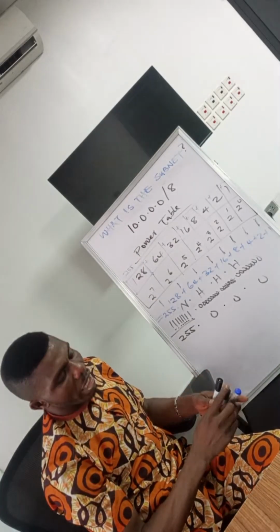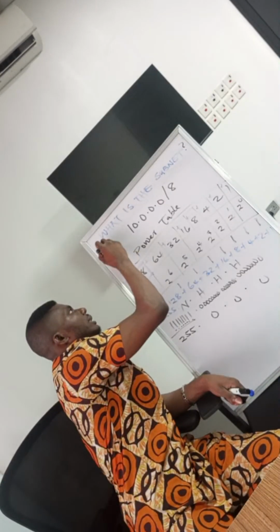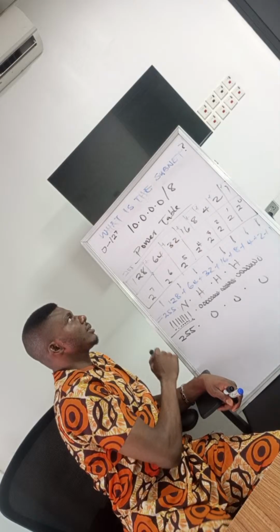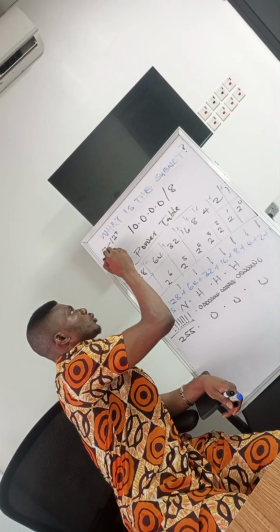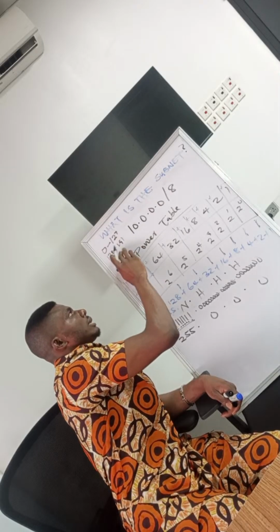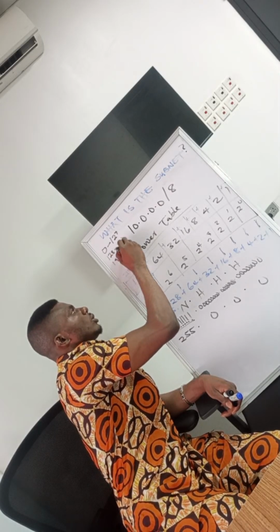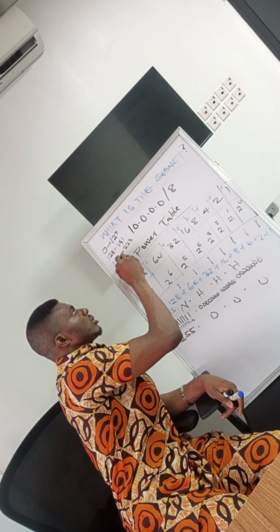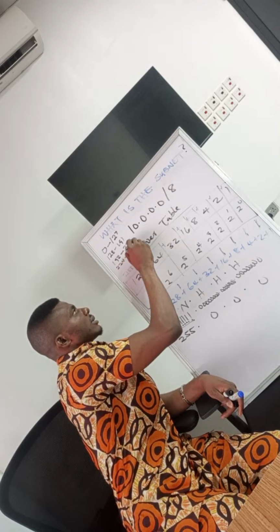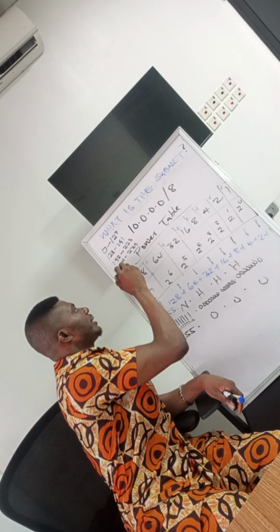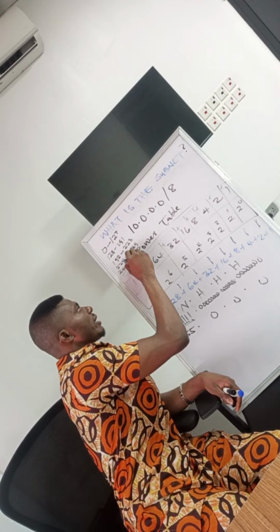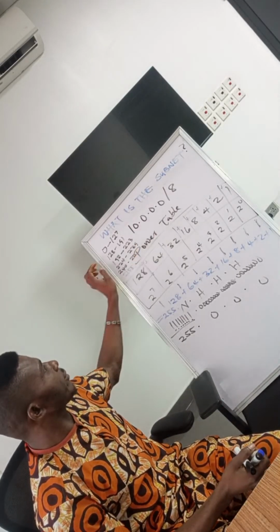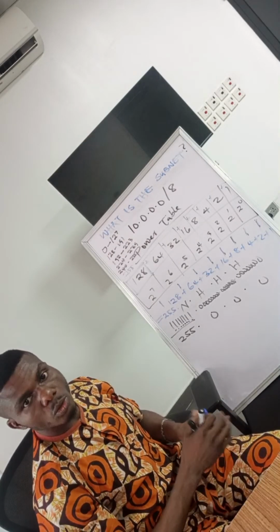For classes of IP address, class A is 0 to 127, class B is 128 to 191, class C is 192 to 223, class D is 224 to 239, and class E is 240 to 255. If you check this 10.0, it falls under 0 to 127. That's how you get that.